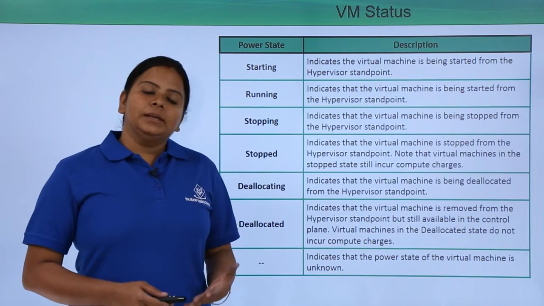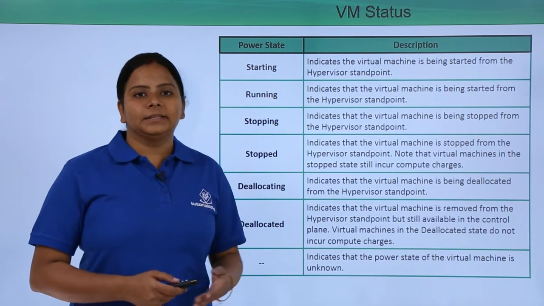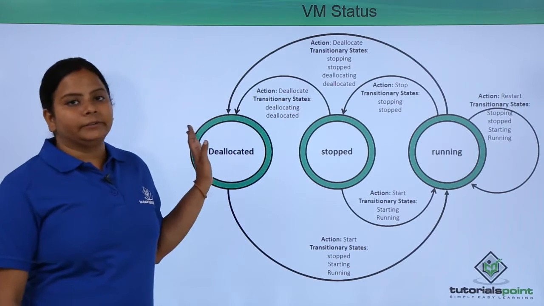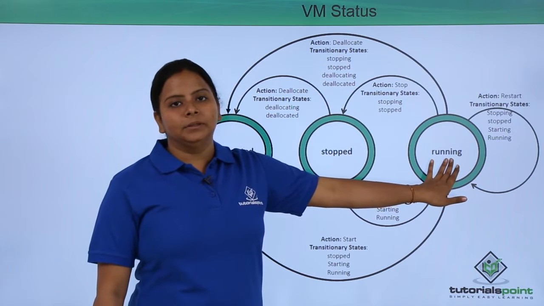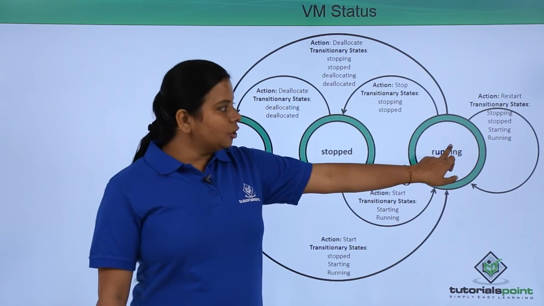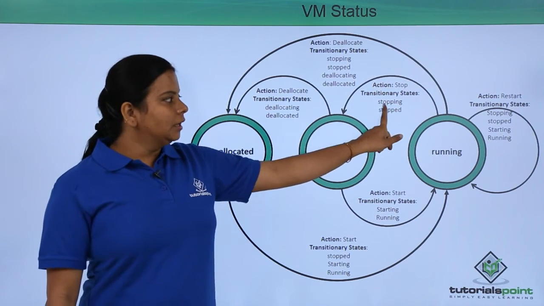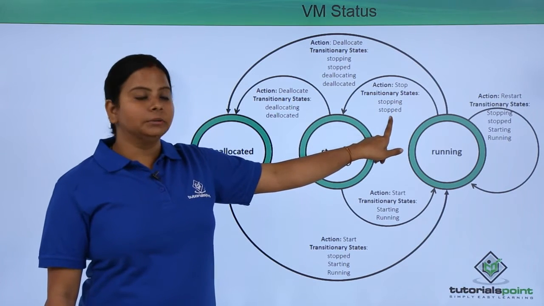Now let us see what happens in the backend and how we generally get the status, in a diagrammatical way. This is the diagram where you can see that by default your system is enabled and it is running. If you stop this virtual machine, the action is stop, and it will show you two different statuses, either stopping or stopped.